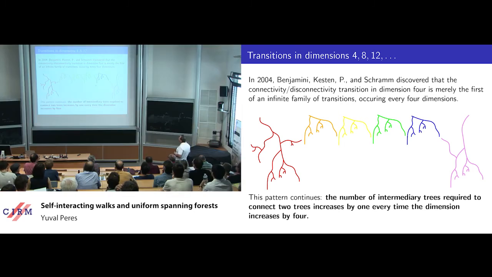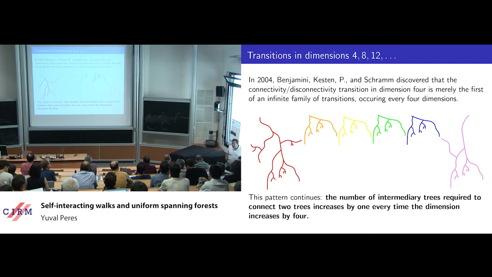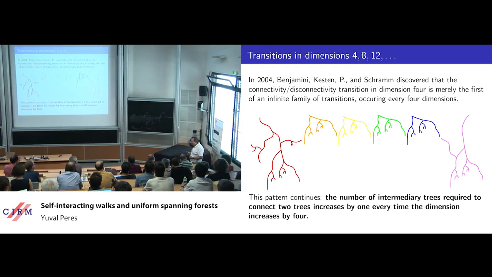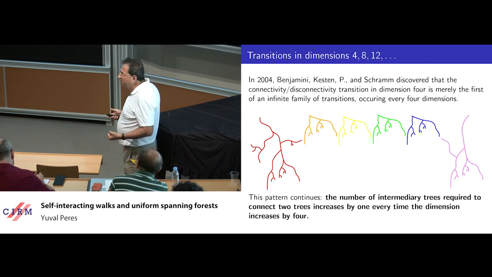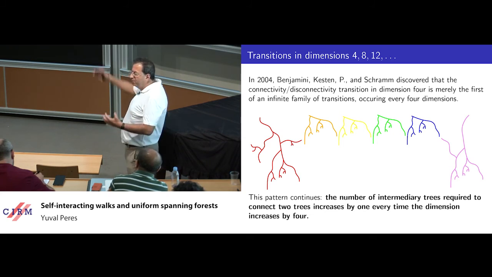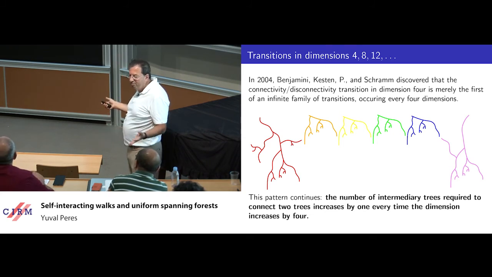So this was the situation from 2004. One drawback of this quite nice result is that it doesn't distinguish different dimensions if they differ by only 1. Right? So we expect that dimension 9 and 10 should not be the same, but as far as this theorem goes, they are the same.